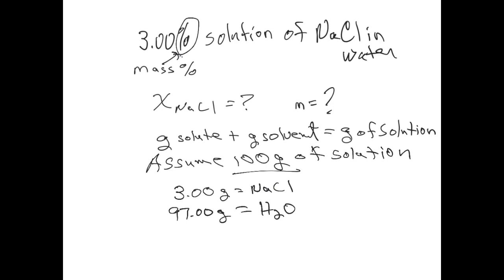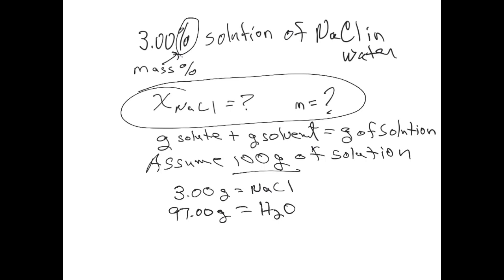We know everything now that we need in order to calculate these two things. We can convert this to moles to get mole fraction, and we still need moles of sodium chloride, but then we can convert the 97 grams to kilograms in order to get the molality. So let's first calculate moles.